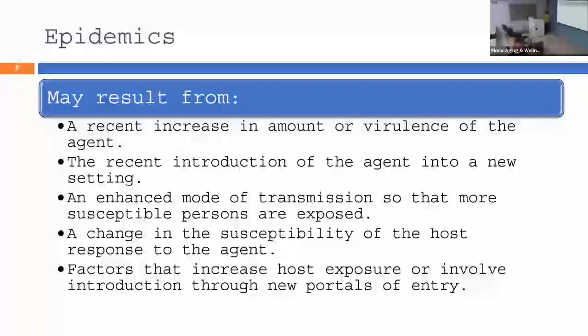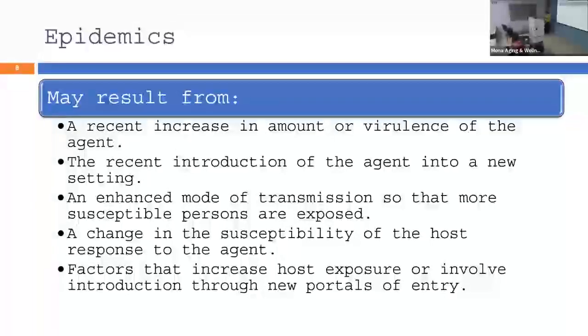Changing the susceptibility of the host response, like if there is some immunocompromised state, if the agent gets into an area where you have persons who have a lower immune system, like nursing home and so on, of course, you're gonna have outbreak there. And factors that increase host exposure or involve introduction through new portals.